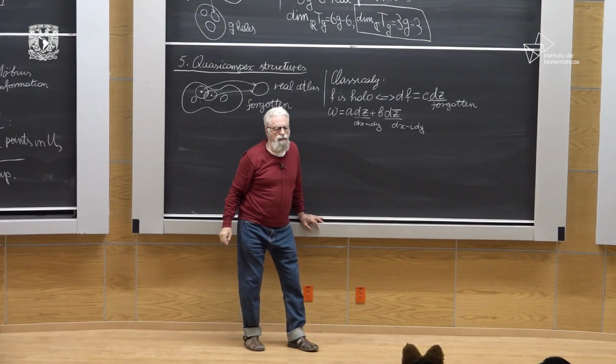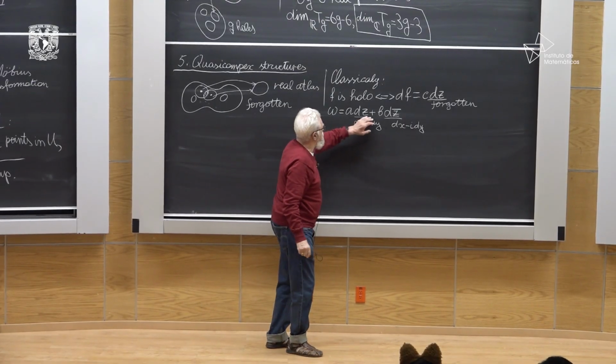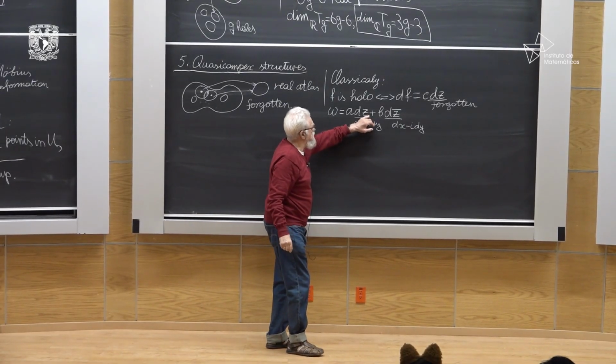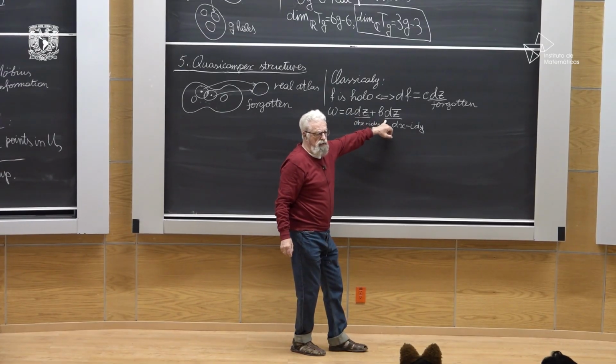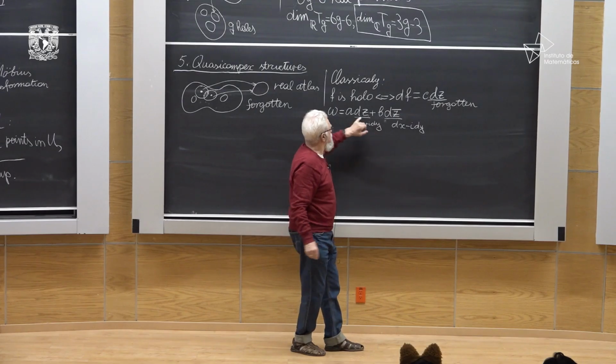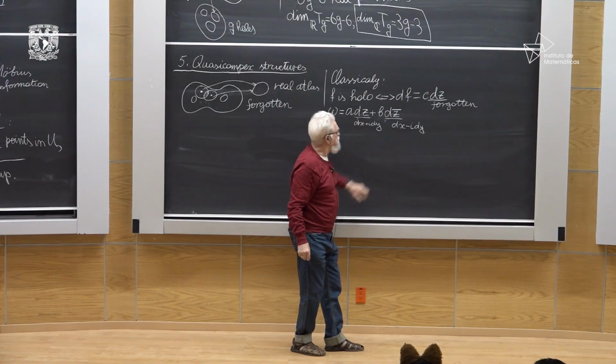You have a linear form, but if you multiply a vector by a complex number, the value of the form will not be multiplied by this complex number. This will be multiplied by this complex number, and this will be multiplied by the conjugate.